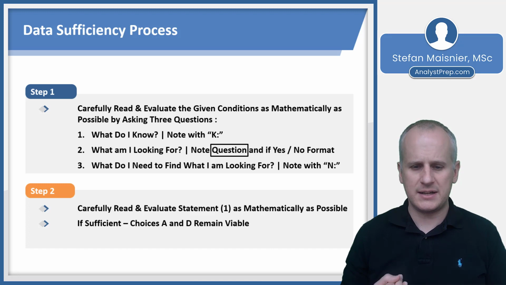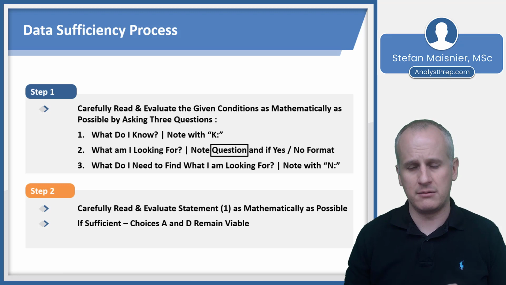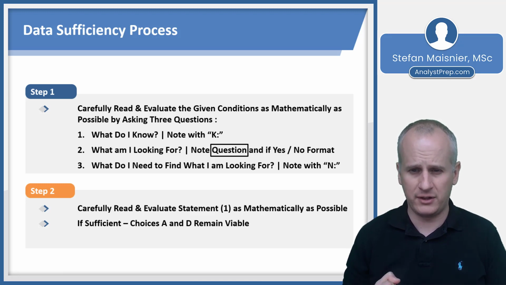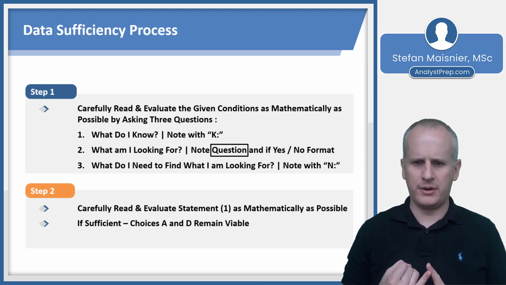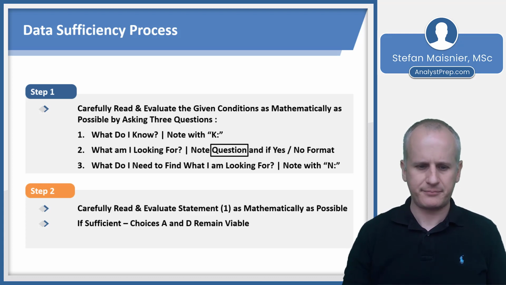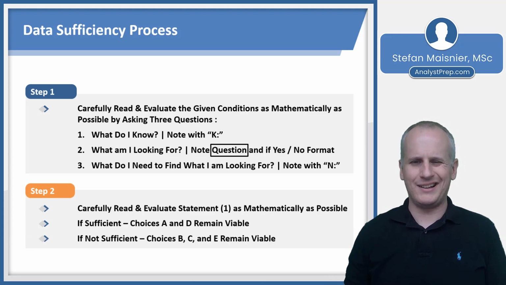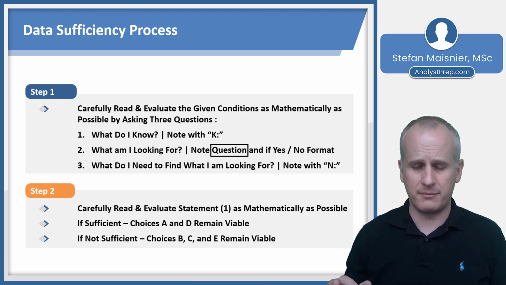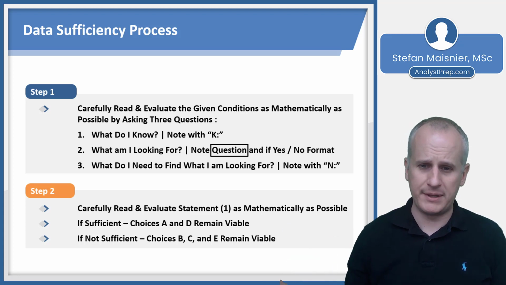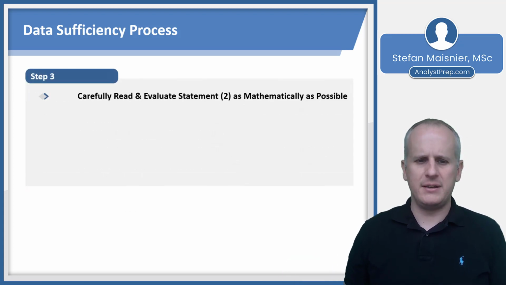And if statement 1 alone is sufficient, then our answer choices are going to be either A or D. Either condition 1 by itself alone is sufficient, but not condition 2, or each condition alone is sufficient, and the answer is D. But if condition 1 alone is not sufficient, then our option choices are going to be B, C, or E. So after condition 1, you'll always know my answer possibilities are either A, D, or B, C, E. Then step 3, you want to carefully read and evaluate statement 2, again, alone as mathematically as possible.